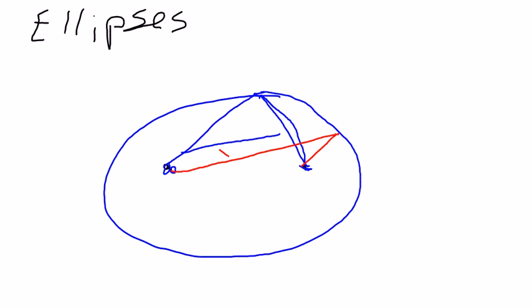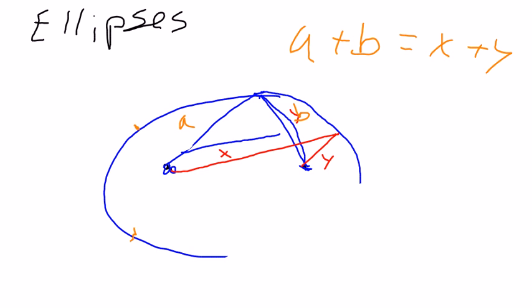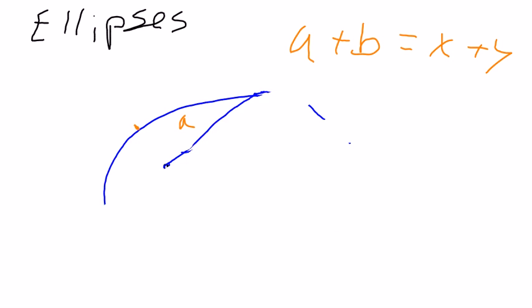But if I added this distance with this distance, let's name this something else, A plus B would equal X plus Y no matter where we are on this ellipse. So that's kind of how to draw an ellipse. We won't really do that in this class, but if you ever want to draw an ellipse, you just put two pins down, get a length of string, and trace around it.